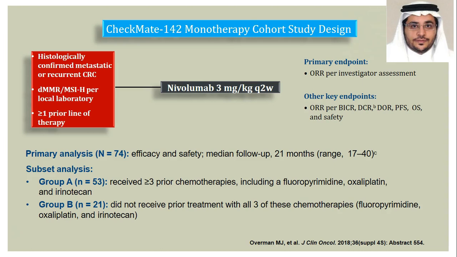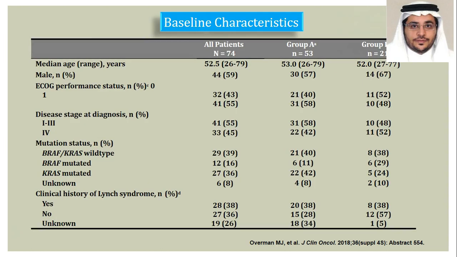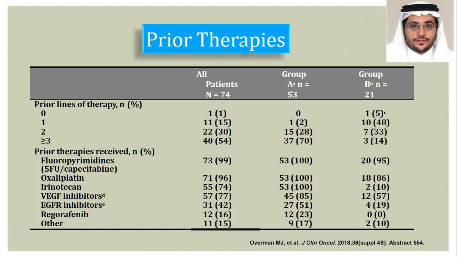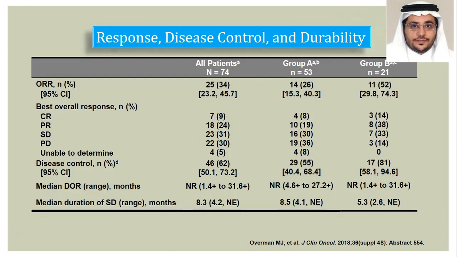The primary endpoint was overall response rate. Very important here, they also included BRAF mutant type, almost 11 to 16% of these patients. And regarding prior therapy, most of the patients received more than 3 lines of treatment.